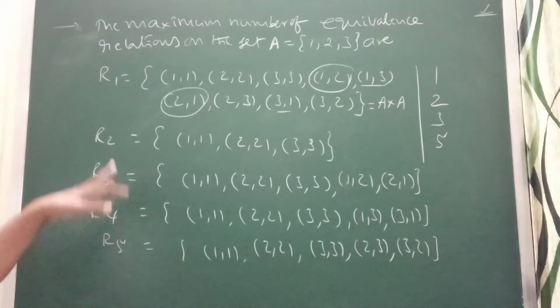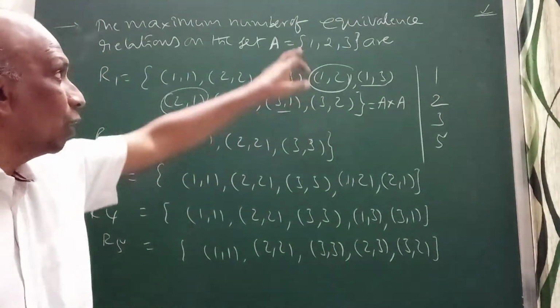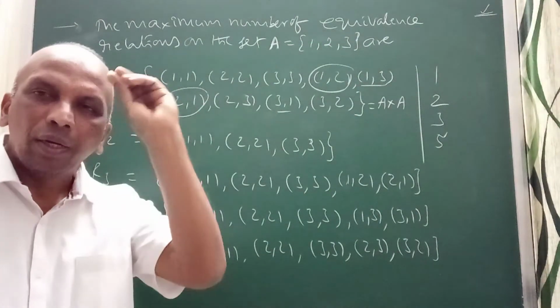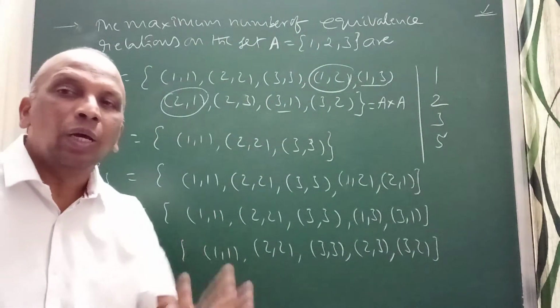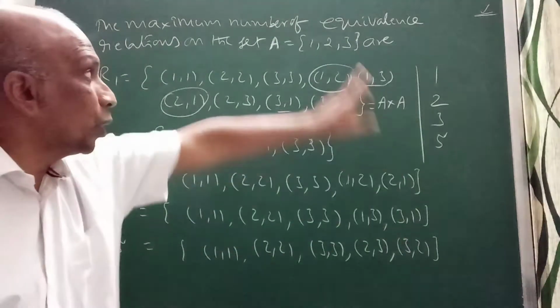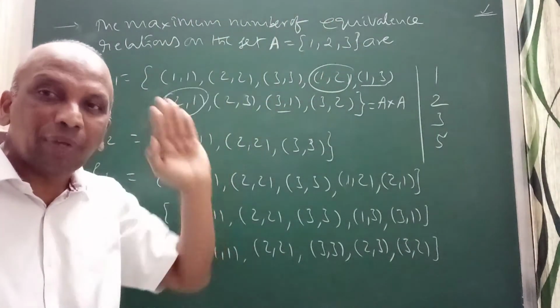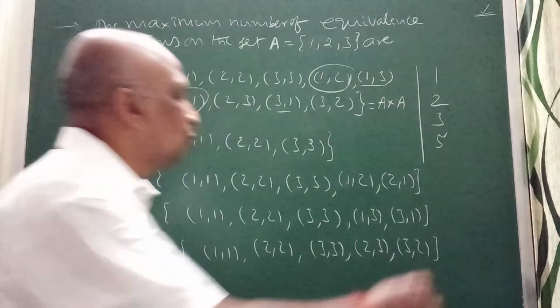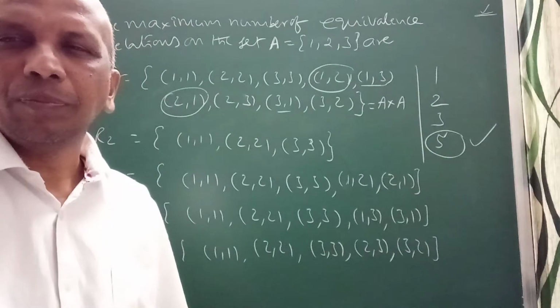If we take like this, in total we have 5. So the maximum number of equivalence relations on the set A equal {1, 2, 3} is 5 only. That means if A is having 3 elements, we should get only 5 equivalence relations. What the elements are, we don't bother. If n(A) is equal to 3, the number of equivalence relations should be equal to 5. This is your answer.